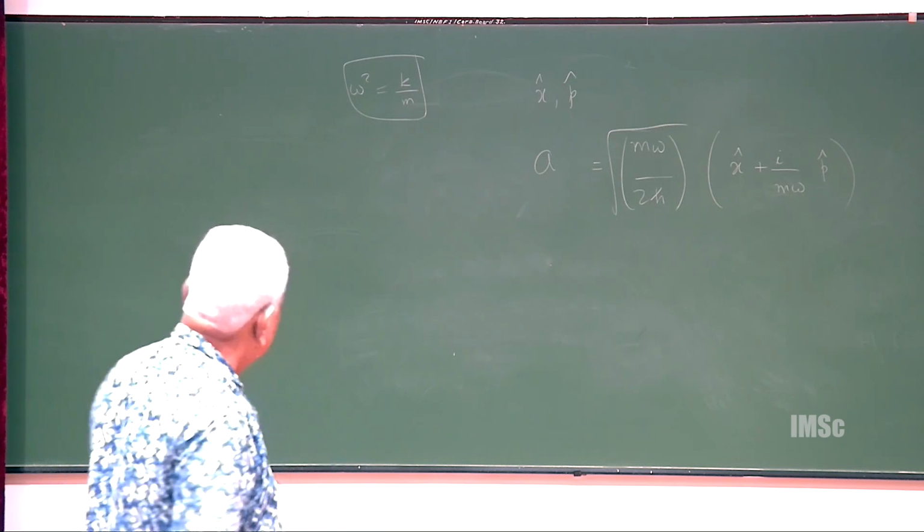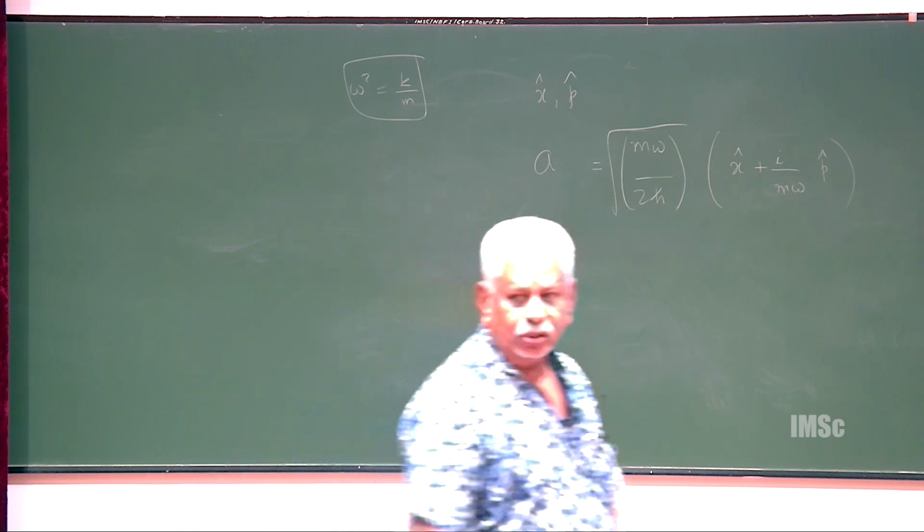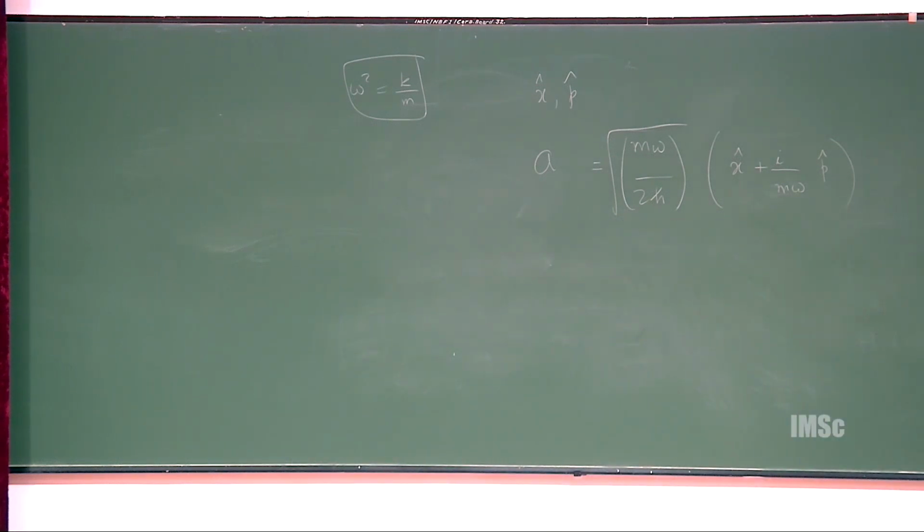Okay? Now, in order to make life simple, I yesterday introduced, my colleague was objecting, you should not introduce such things at the BSc or MSc levels, and I will still do it. I will call h bar as 1. I am going to do one more.